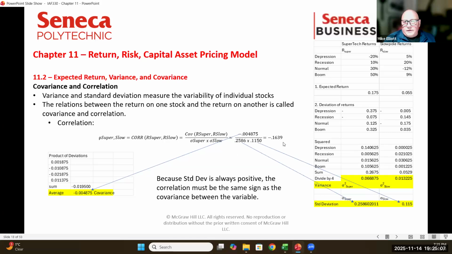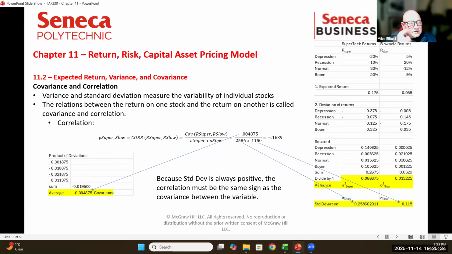We end up with a correlation of minus 0.1639. So now we have how they move versus each other, which is the covariance, and then how they move together, which is the correlation. In our case, we have a correlation of minus 0.1639.